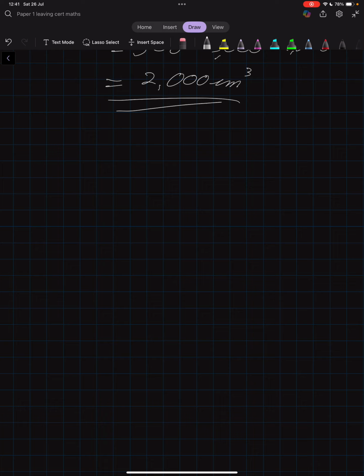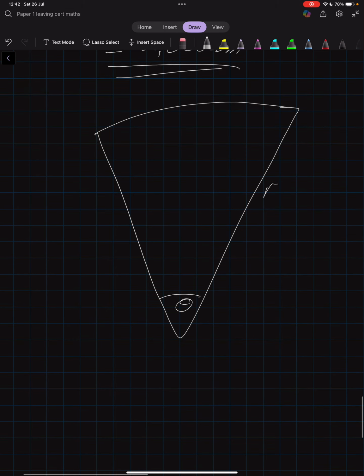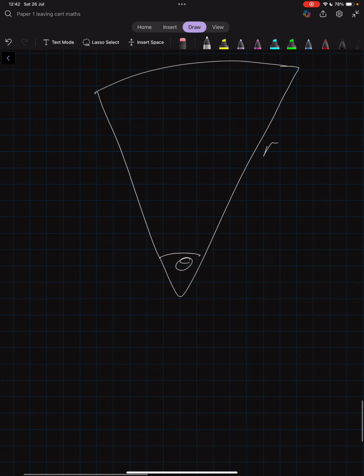So here, it says a sector of a circle. So this is theta. This is r. It says show that theta equals 200 over r squared. So the area is equal to 100. The area of a sector of a circle, remember, is pi r squared times how much of the circle do you have?